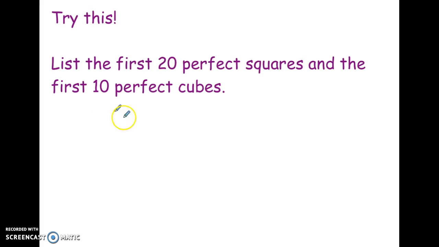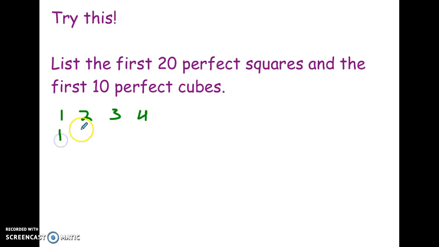You try. List the first 20 perfect squares and the first 10 perfect cubes. I would recommend putting this in chart form, maybe listing 1 through 20 across, and then you can label this as the squares.